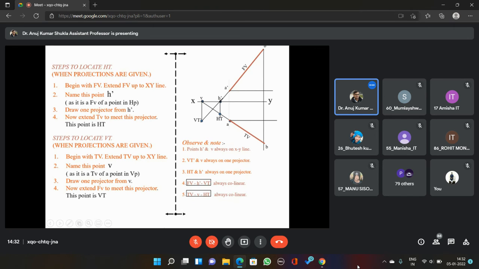With these observations, you will be able to finish your problems on time, and you can check whether it is right or wrong. This is the front view of the line, and H prime and VT are collinear. Though from H prime you have drawn HT, it is collinear with VT. Understood? And the same for this line.